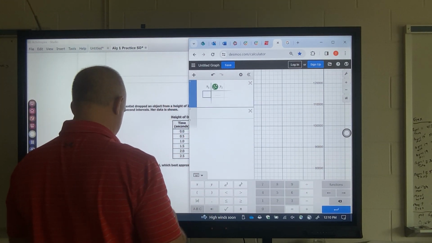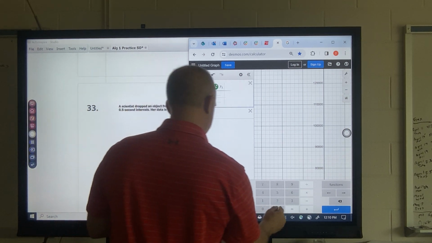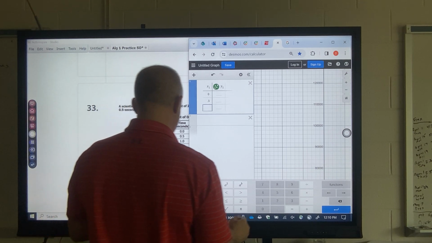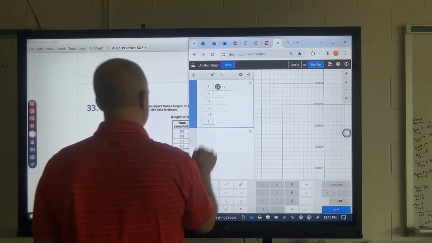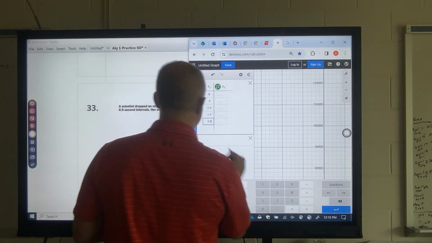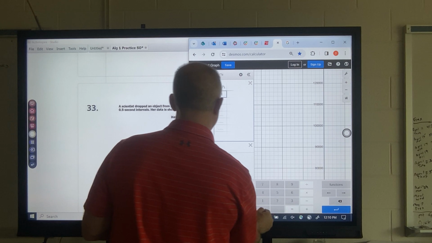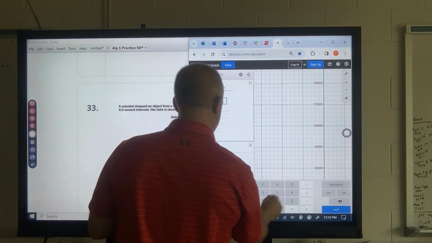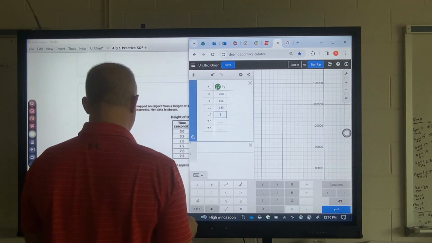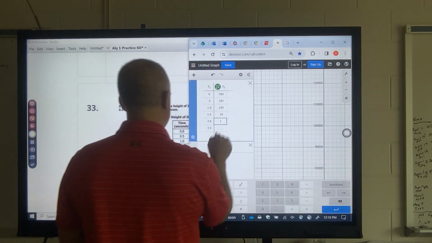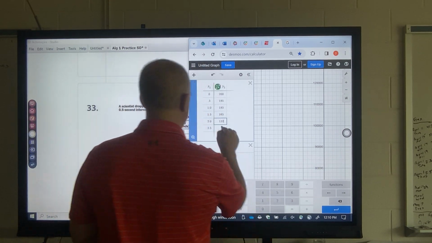That table is going to have 0, 0.5, 1.0, 1.5, 2.0, 2.5, and then 200, 195, 185, 165, 135, 100.